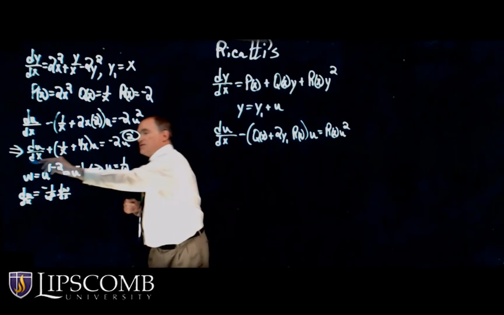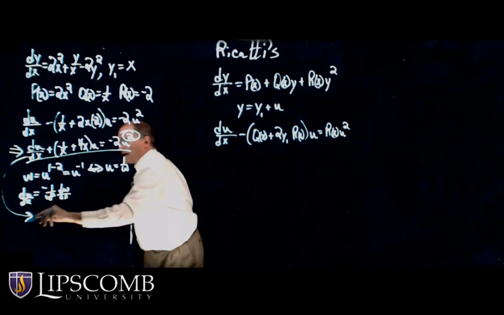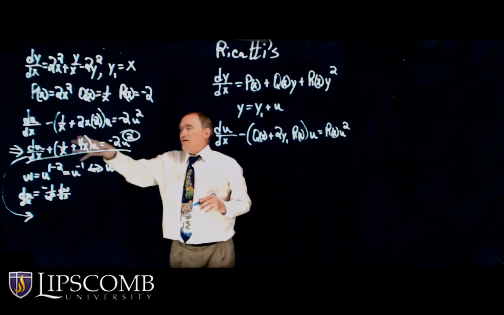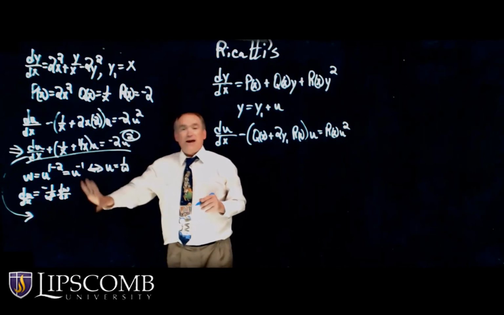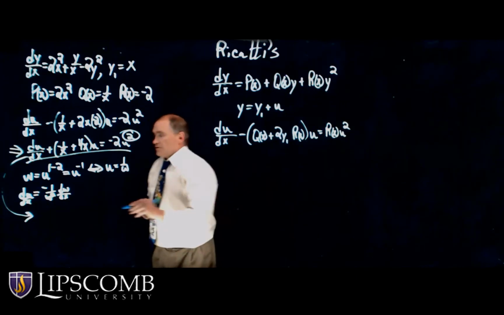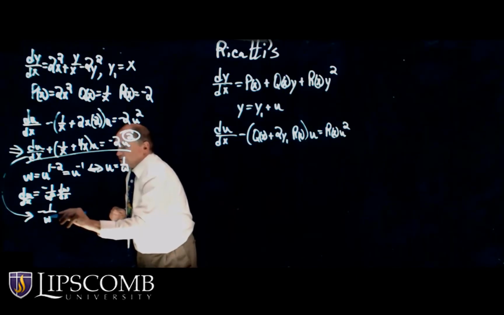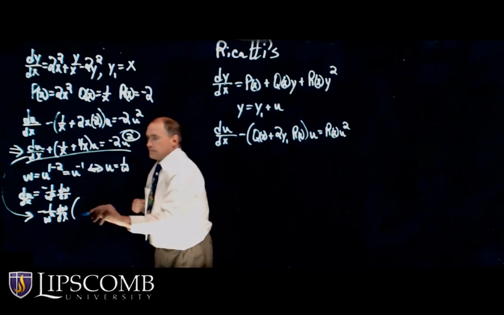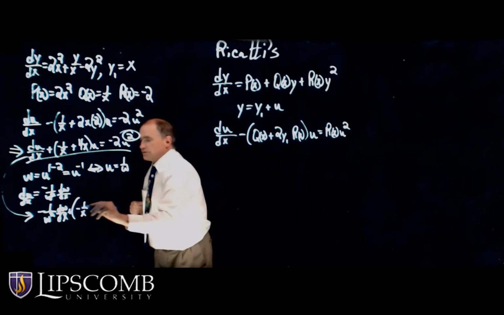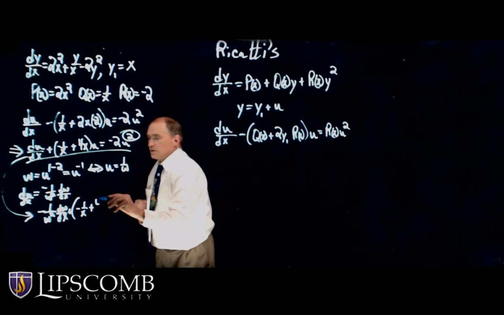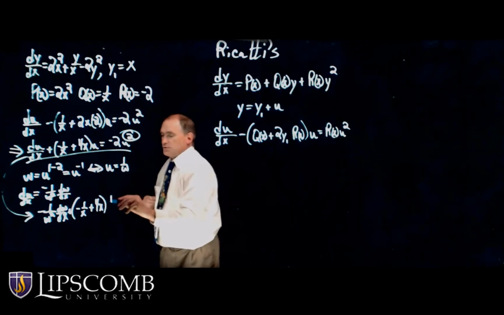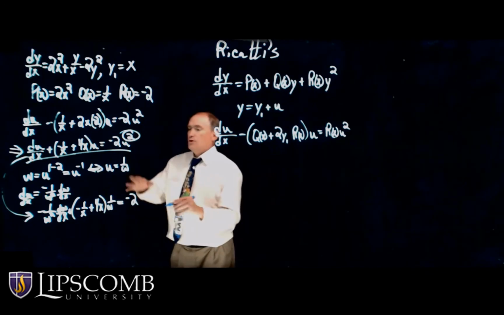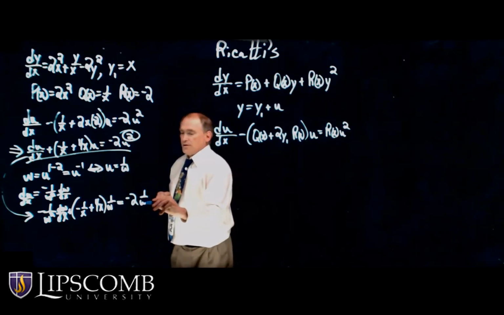So I can take this differential equation now and put it in terms of w. So I've gone from x's and y's, now I've got x's and u's, now I'm going to have x's and w's. So this would be negative 1 over w squared dw/dx, that's that, plus negative 1 over x plus 4x times u, but u is 1 over w, equals minus 2 times 1 over w squared.